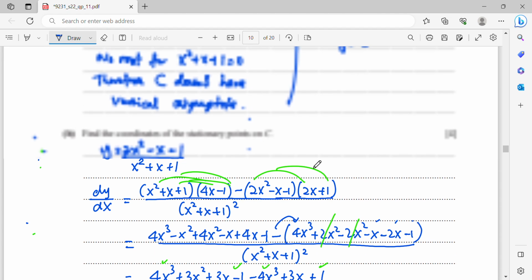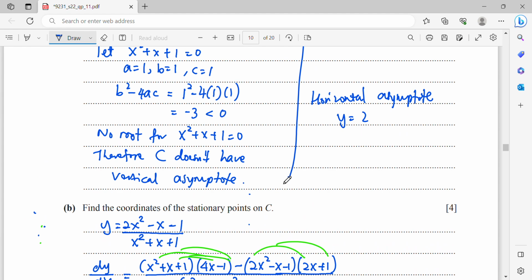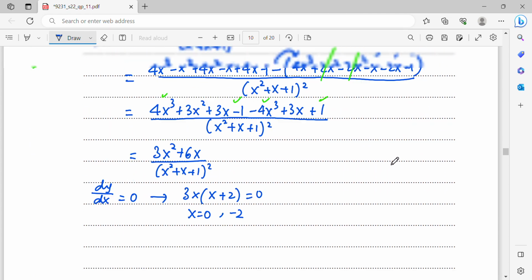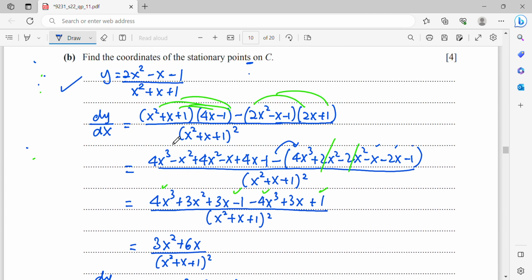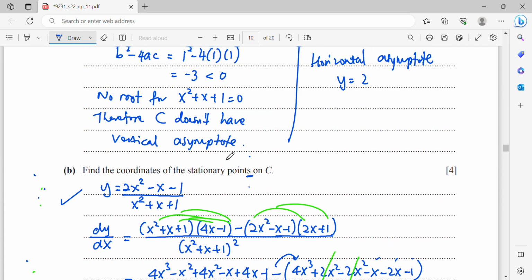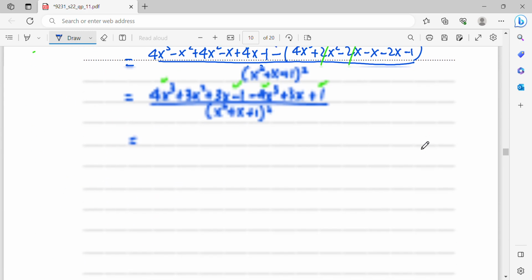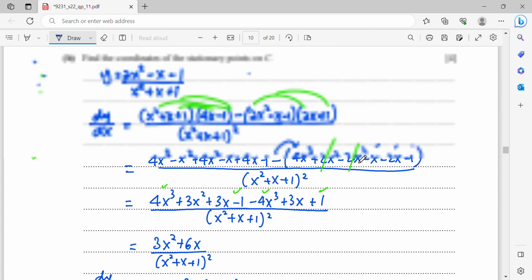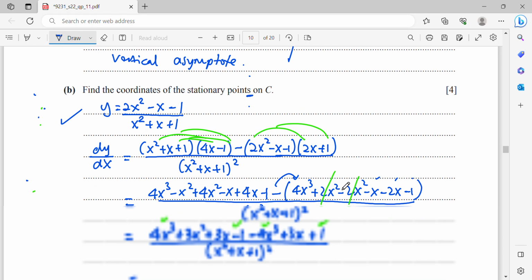Now let's look at the question first. It mentions the coordinates of the stationary points, so there is more than one point here. Once you have found the x, to get the y, substitute back into your curve equation. When x is 0, y is (2x squared minus x minus 1) over (x squared plus x plus 1).